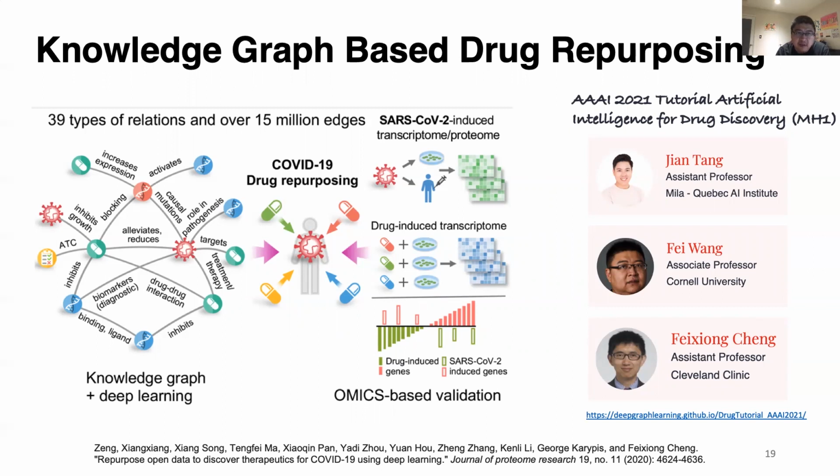And I don't want to introduce this in too much detail, but if you are interested, you are welcome to attend our other tutorial, which happened in the morning, but you can still look for the video of it, where Dr. Cheng has introduced the process of this work in great detail.